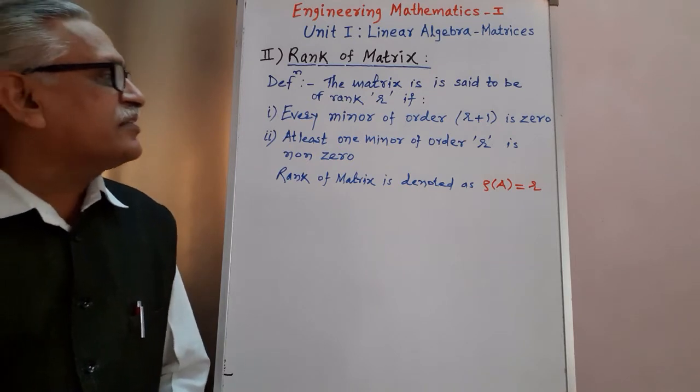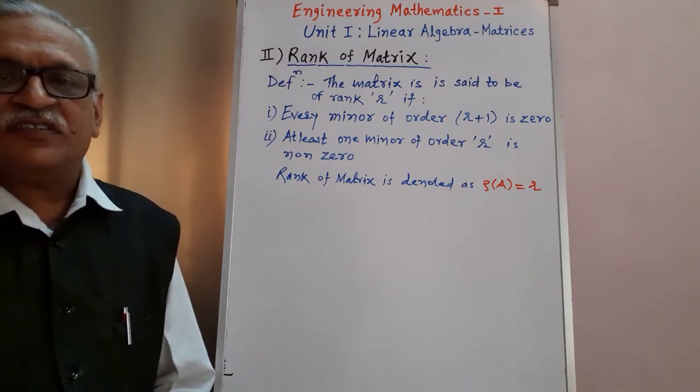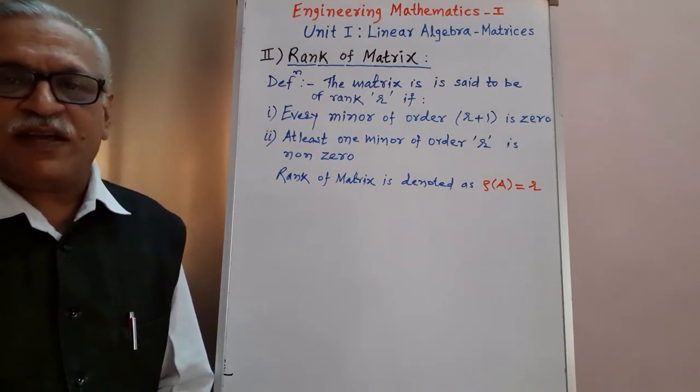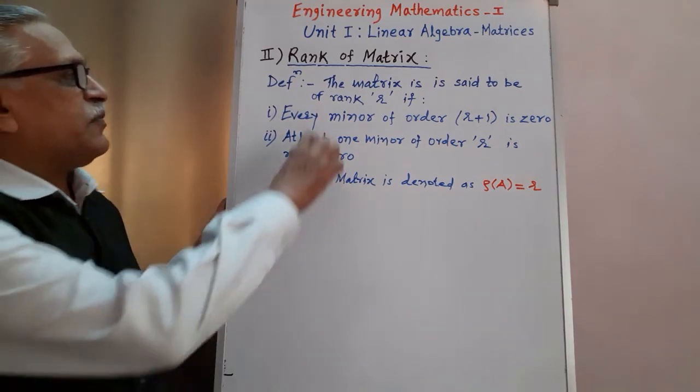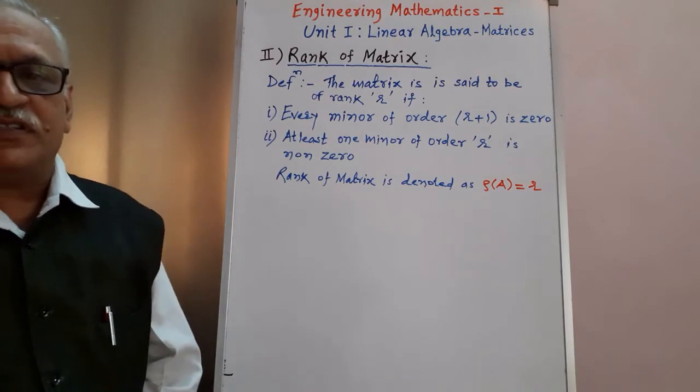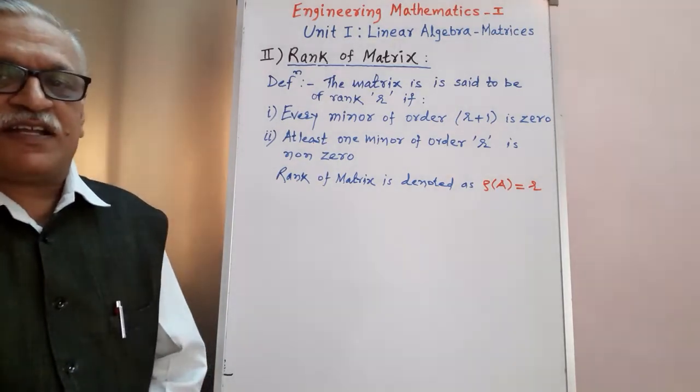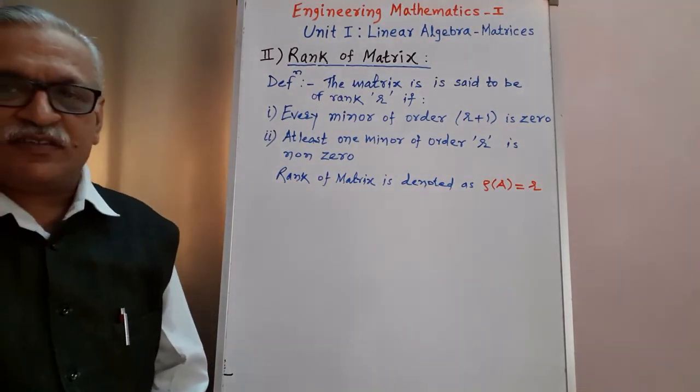In my last lecture, I discussed the first point, that is inverse by Gauss-Jordan method. In this lecture, I will explain another important point from the chapter of matrices, that is rank of matrix.